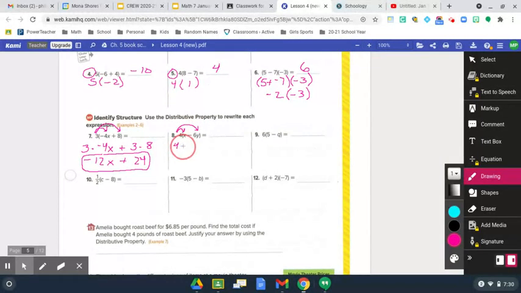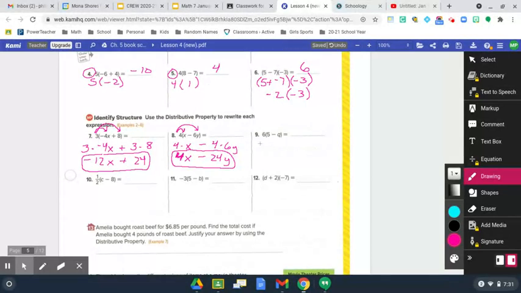I'm going to do 4 times x minus 4 times 6y. 4 times x, 4x minus 4 times 6, 24y. Final. There we go.